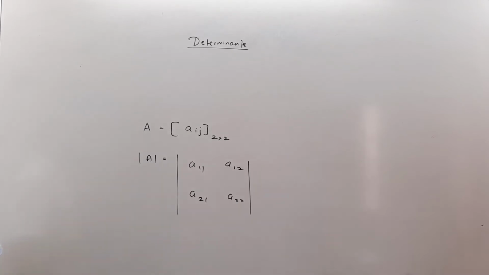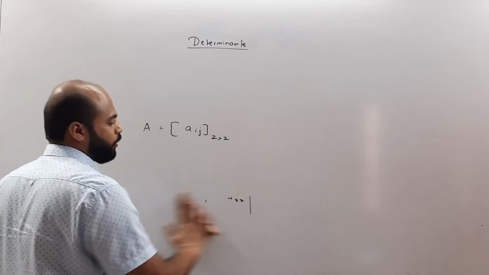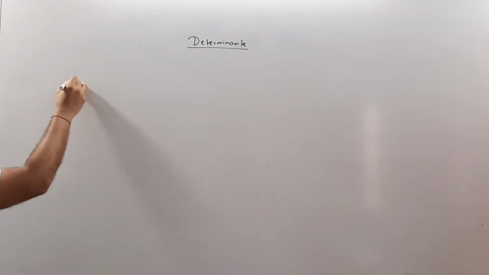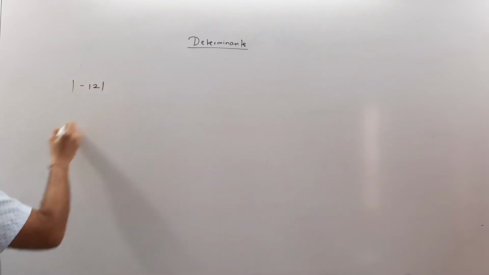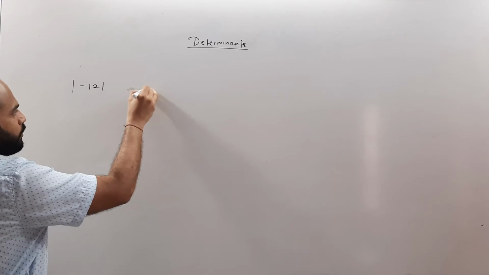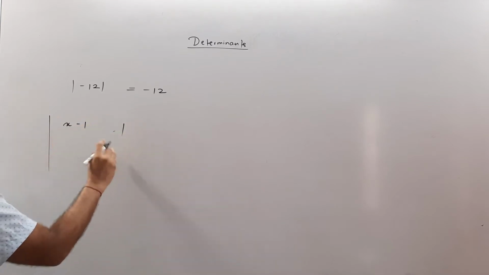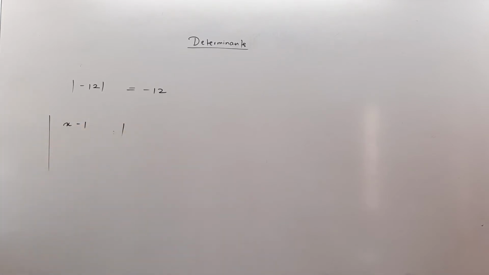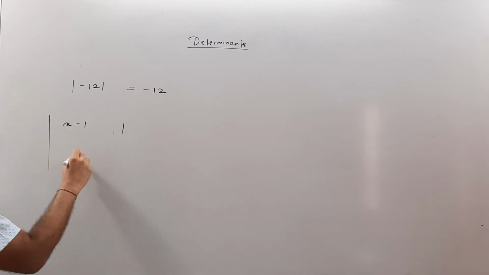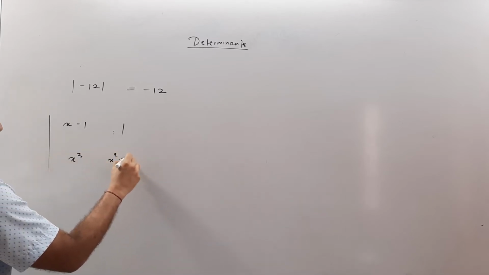Now let's take some simple determinants and try to evaluate and find their values. Suppose it was just one element like this inside a determinant, still we can find its value, and that value is going to be the same value which is there in the determinant. The next one is something like this: x minus 1, 1, x cube and x square plus x plus 1.